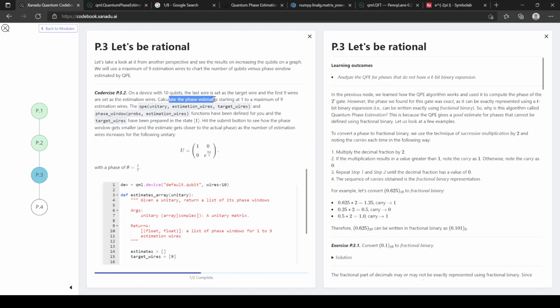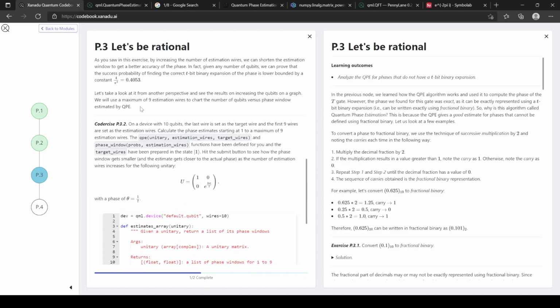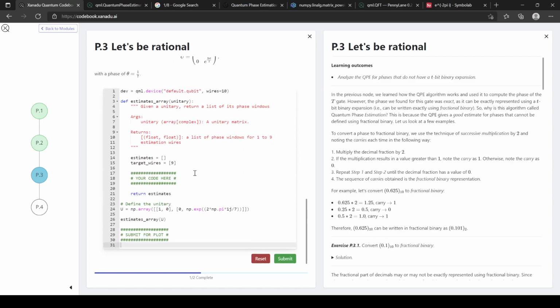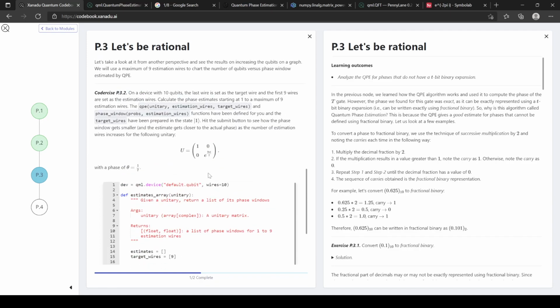Calculate the phase estimation starting at 1, 2. Okay, so we want to see how it changes with the change in estimation wires.